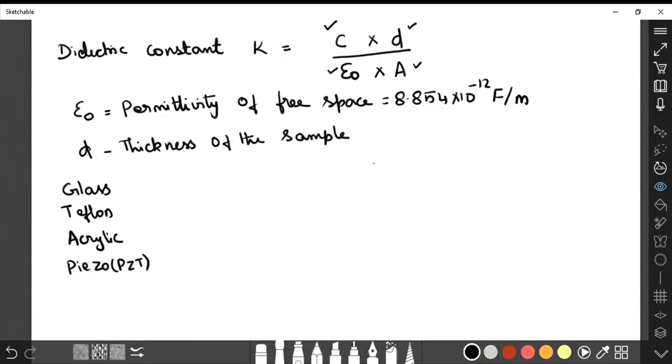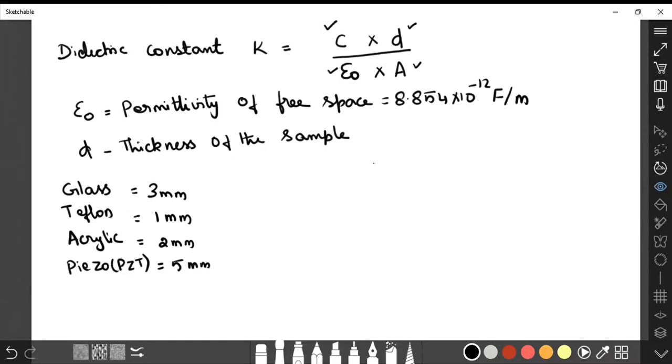Based on the sample, its thickness changes. For example, glass material thickness is 3 mm, Teflon is 1 mm, acrylic is 2 mm, and piezoelectric is 5 mm. So these are the thicknesses of the different samples.